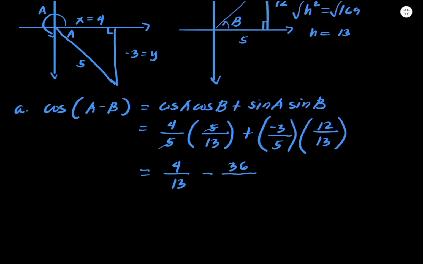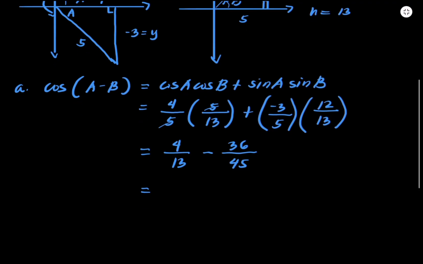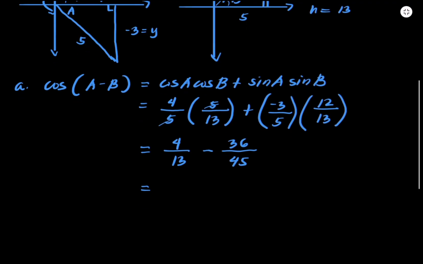And then 5 times 13, that is 45, right? Now, let us simplify this. 45 earlier is what? 5 times 13. Okay? So, the common denominator is 45, right?